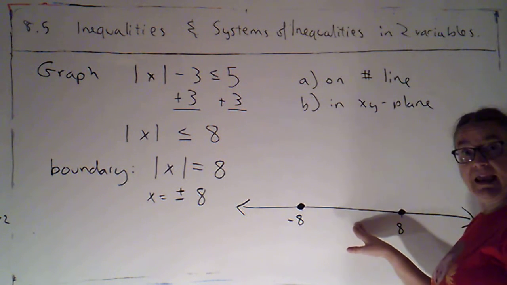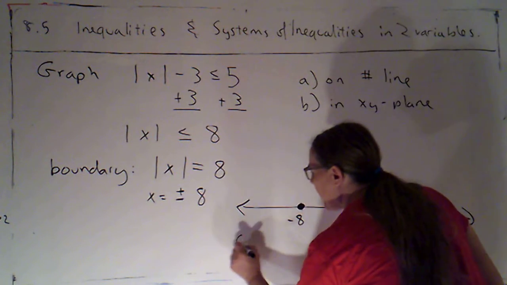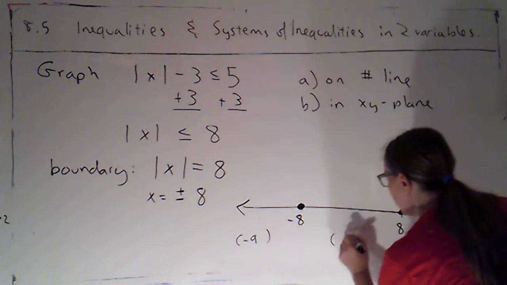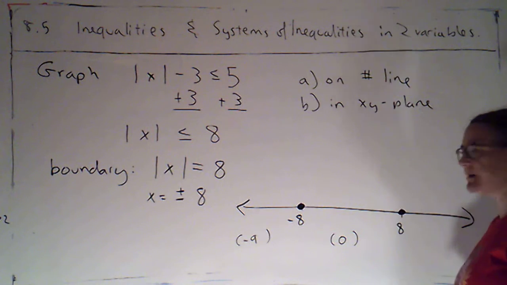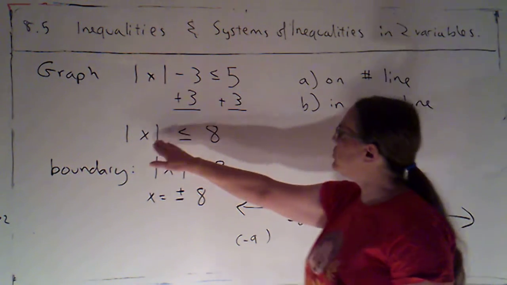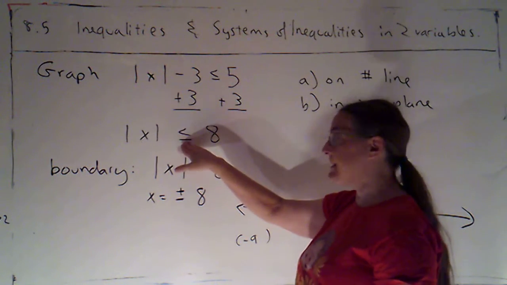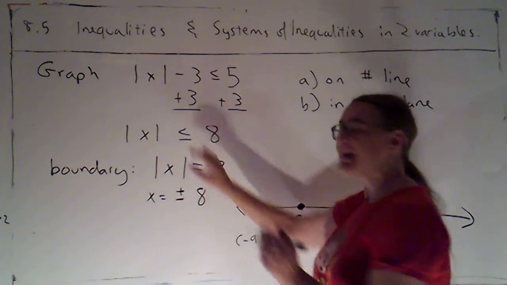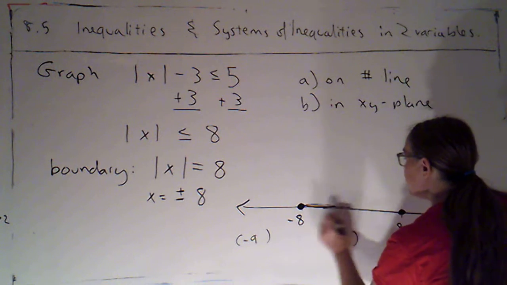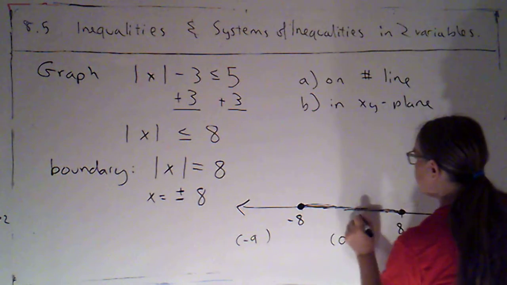Between negative 8 and 8, let's choose 0. I'm going to just record here what we're choosing as our test numbers. If we choose 0, absolute value of 0 is 0. That is less than or equal to 8. So we will shade this middle bit right here.